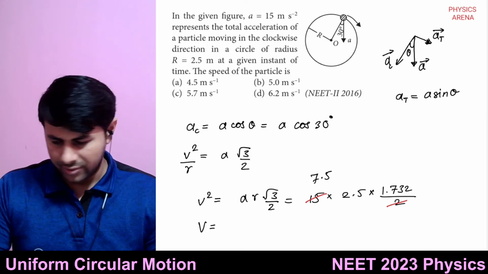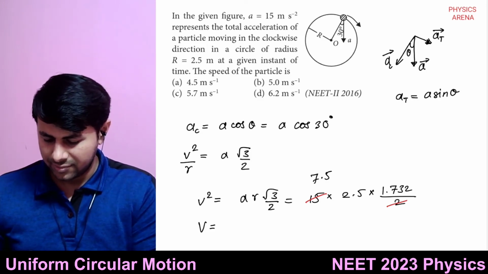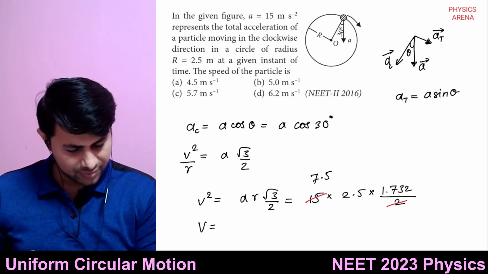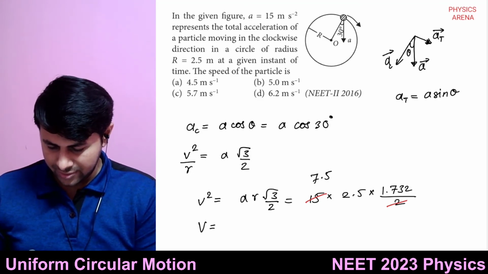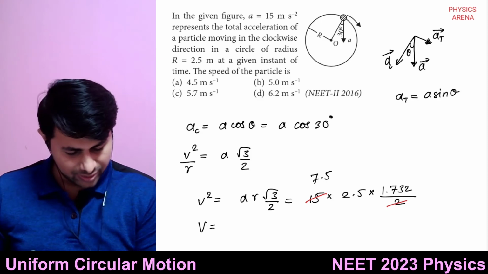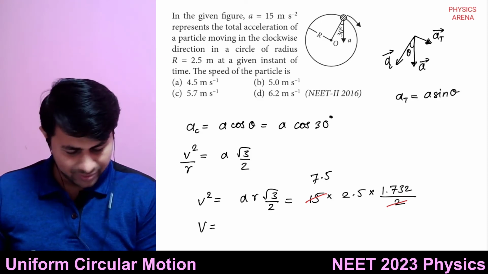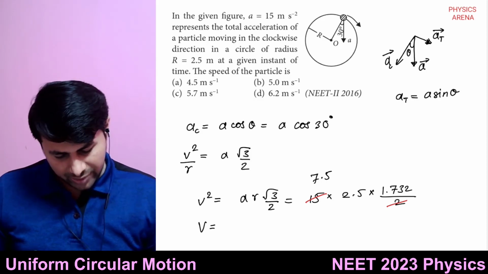Okay, do you have a cell phone? I have a cell phone. Okay, square root of 7.5 multiplied by square root of 2.5 multiplied by square root of 1.732. That is 5.69.